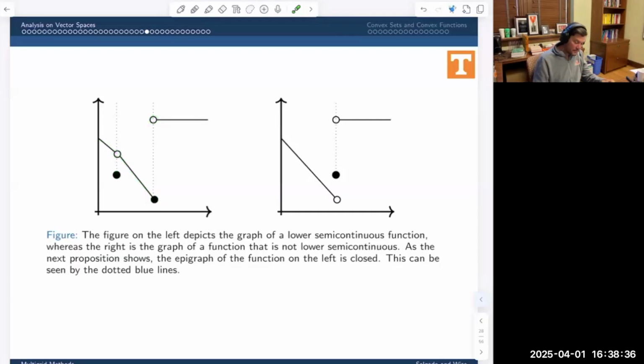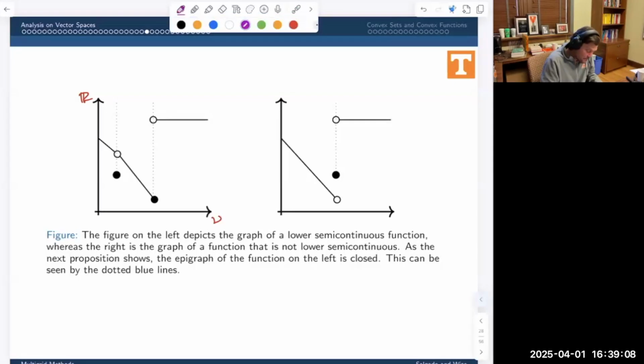Along this axis is just regular old R, and this axis we're going to imagine is the Hilbert space. The epigraph is essentially everything which lies above the graph.